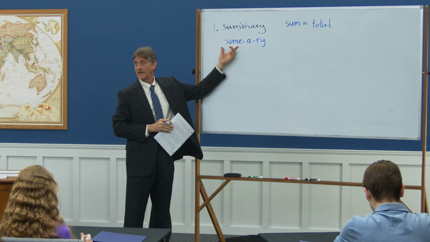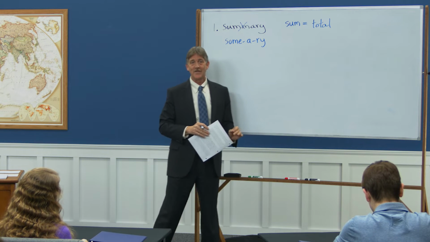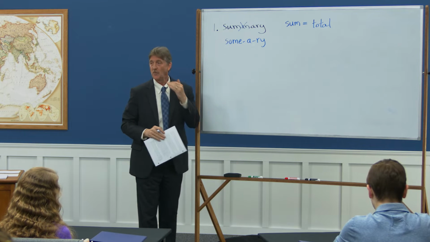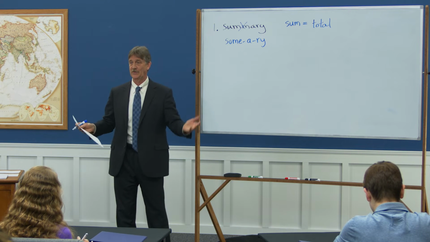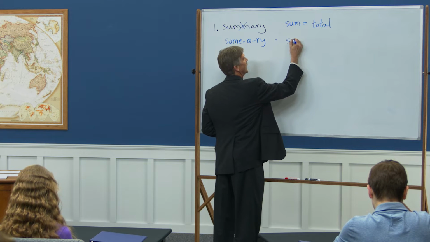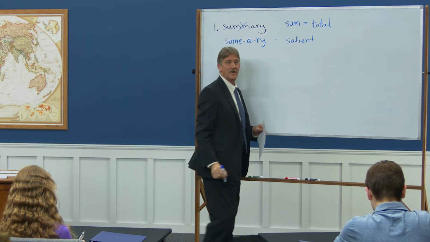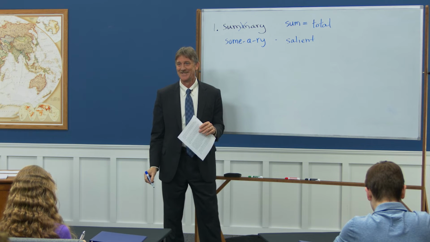You're choosing some of it, not all of it. Then the question becomes, which part of it do you choose? And what you're looking for are the salient, or as we now know, the salty bits.